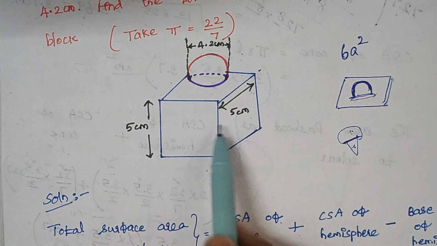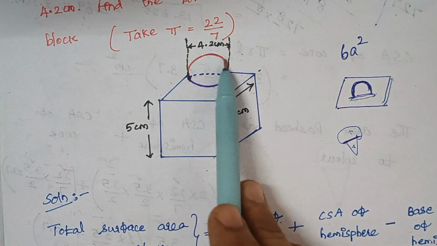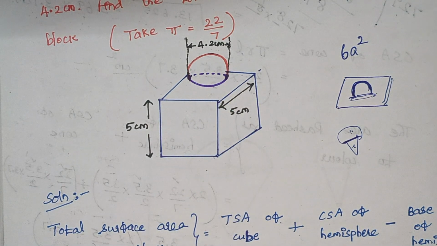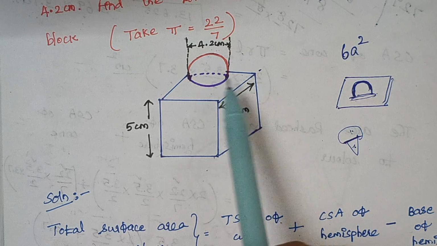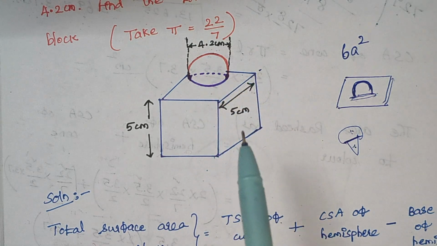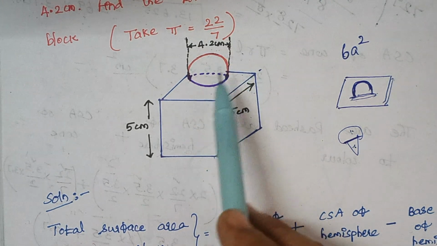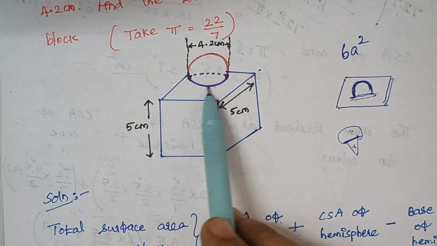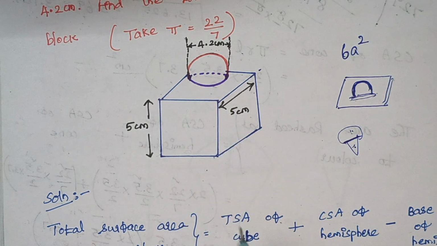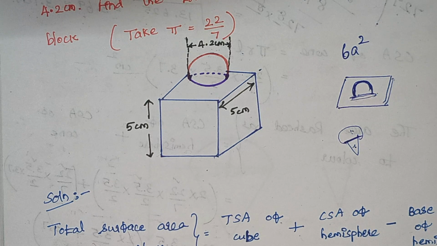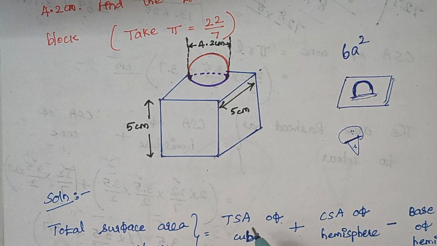But what is here? Here we are placing a hemisphere directly on the top of a cube. So whenever a hemisphere is placed on the top of the cube, it automatically covers some area on the top surface of the cube, and that area is just like the area of a circle, right?